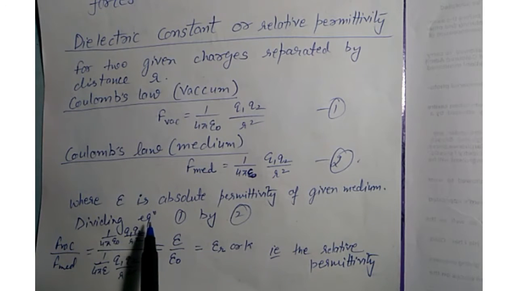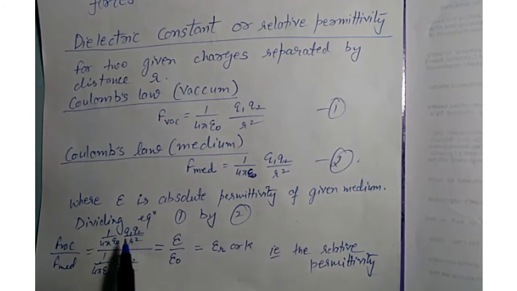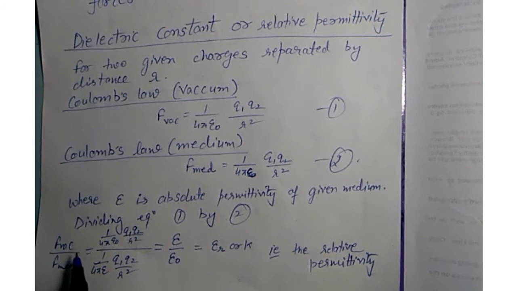Now dividing equation 1 by equation 2, we have the force in vacuum divided by the Coulombian force in medium is equal to 1 upon 4 pi epsilon naught q1 q2 upon r square, whole divided by 1 upon 4 pi epsilon q1 q2 upon r square.